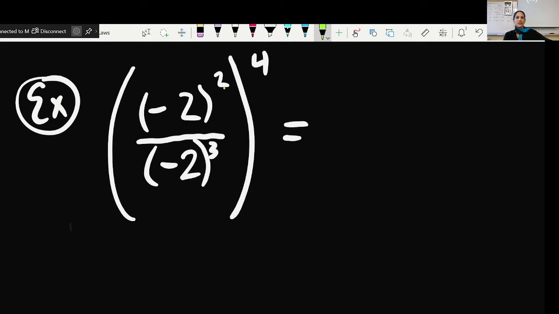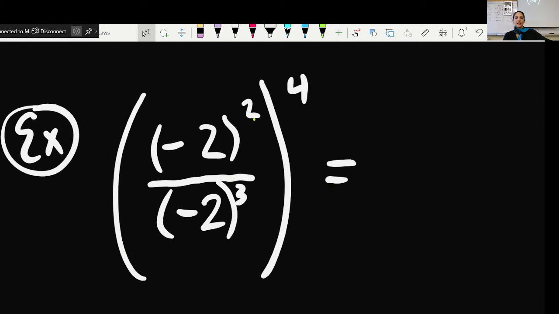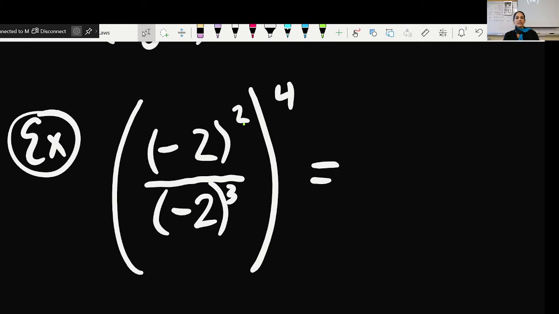How about this one? Oh, there's a lot going on there. Well, we can go step by step. Let's just worry about the top for a minute. Just at the top, what would I end up getting? What do I do with these?